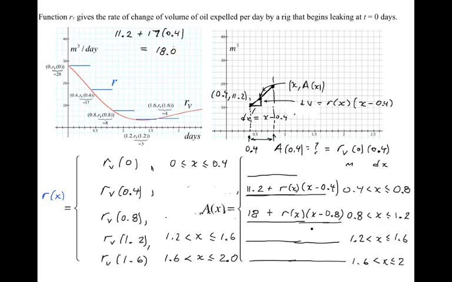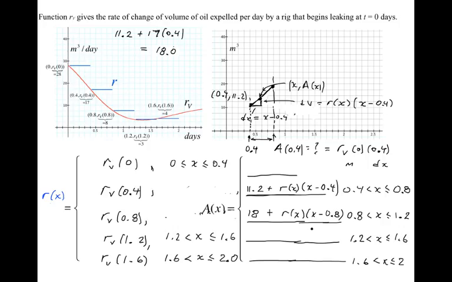That was just to give us that initial point, 0.4, 11.2. I could have had R of 0, or R sub B of 0, because they're both the same according to that function. Right? So in that whole first interval, we define R of x to be R sub B of 0. So I could have written either one.